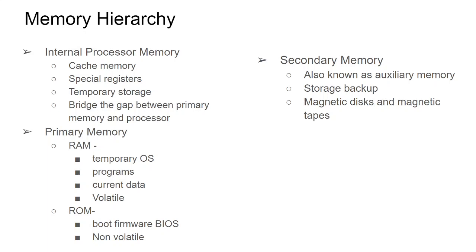Those who have taken computer science in the PUC might know what volatile means: current data, programs, temporary OS, etc. But if you do not know, let us see what it actually is.